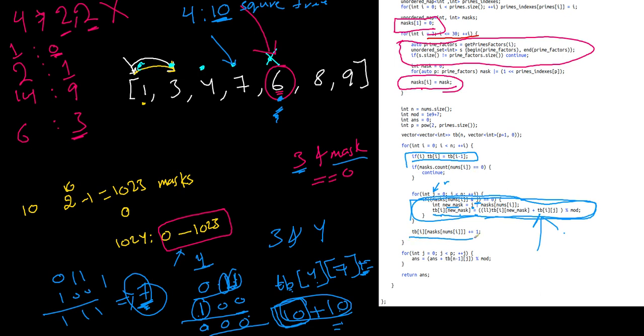And here we add only one, and that's because for every number we have, let's say the number 6, the mask is 1 1, and we know already there is no overlap, because in this for loop we filter out all the numbers that have repeated values. Like 4, we said prime factors are 2 2, so we filter it out from this dictionary.